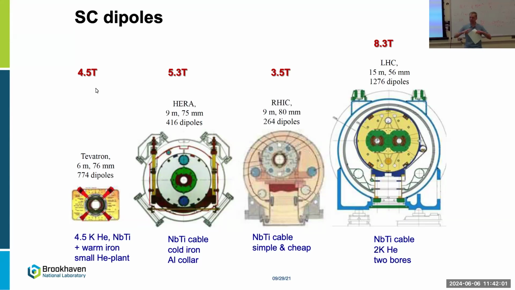So there are forces that are trying to push the magnet apart, magnetic forces. All of these elements provide rigidity so that the magnet does not move when we cool it down to cryogenic temperature, because things shrink.